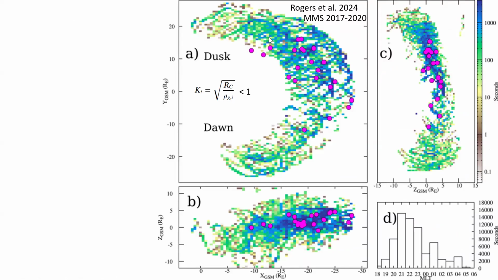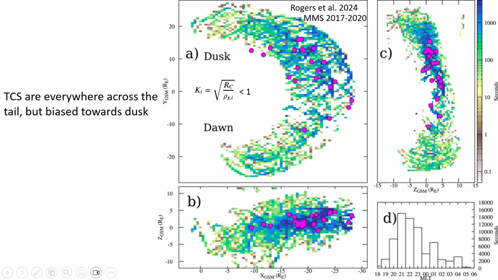Each of these pixels corresponds to the time in seconds spent in the thin current sheet. And you can see that there are thin current sheets across the tail, although they are dominantly on the dusk side. He also overplotted these little pink dots, which are MMS-identified ion diffusion regions.